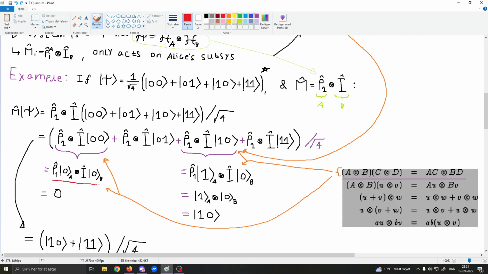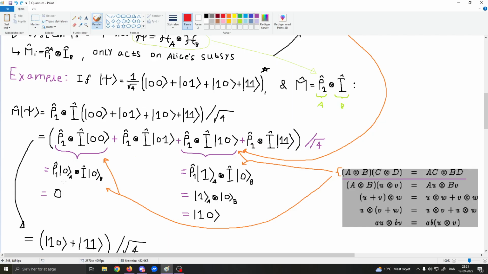And we get this expression down here, where we once again have the projector for ket 1 onto Alice's state, tensored with the identity onto Bob's state, and this tensor is, like I said, just from this identity over here.